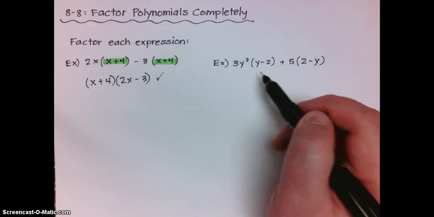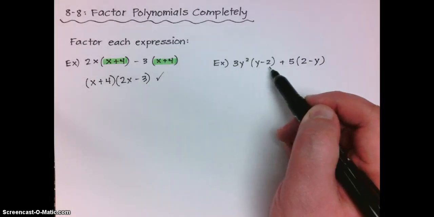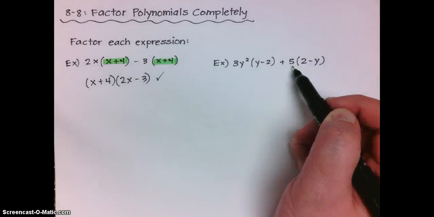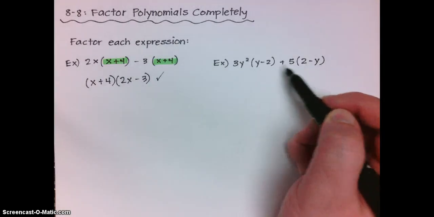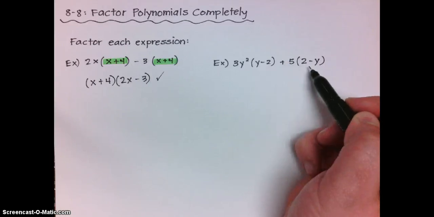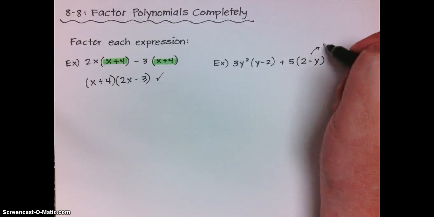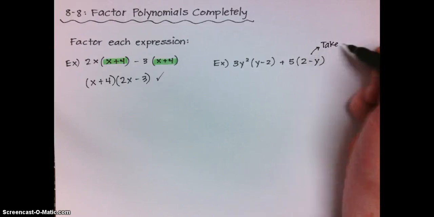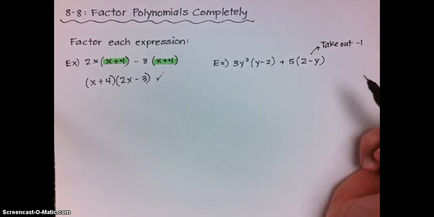So let's look here. I have 3y squared times (y minus 2) plus 5 times (2 minus y). So these look very similar. And the only way that I can make them look exactly the same is by taking out a negative 1. I'm going to factor out negative 1, and that will reverse the direction.